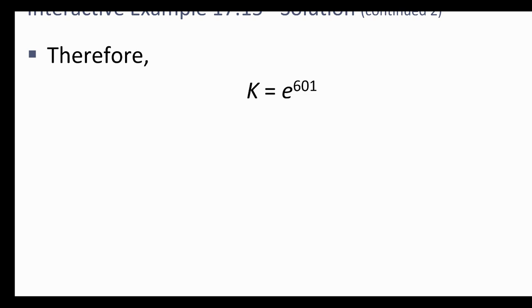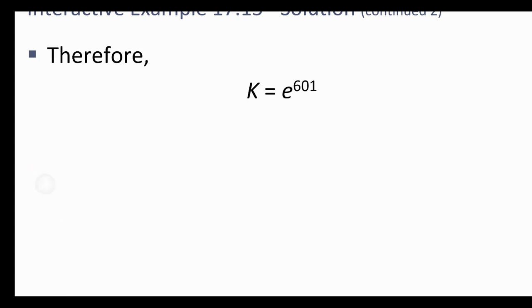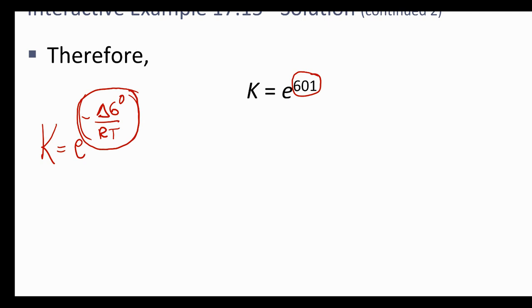So K equals e to the 601. That would have been the same thing that I was telling you guys to do, except that if you try to plug it into your calculator, it's not going to want to do that. So K will equal e to the negative delta G over RT. And with that incredibly negative delta G value, this would have been this value here, which your calculator won't be able to handle.